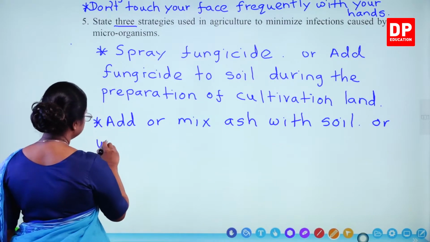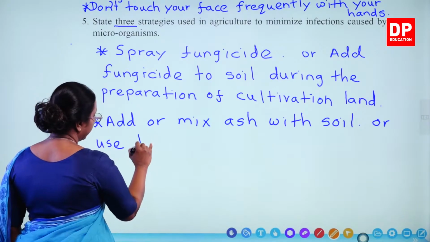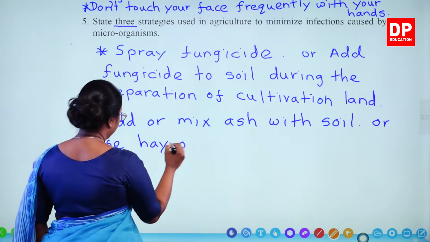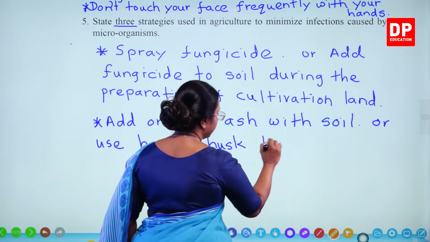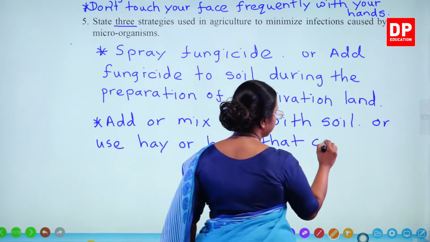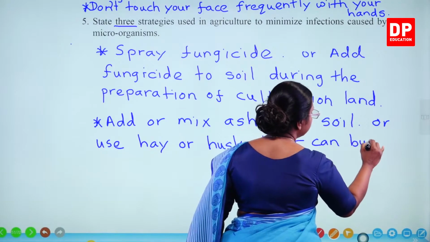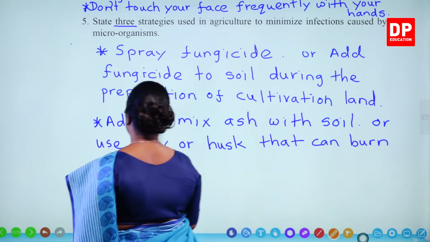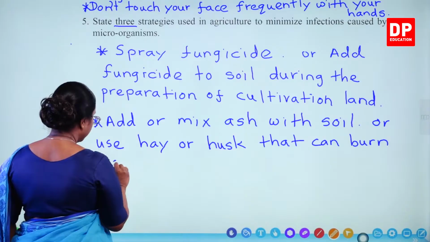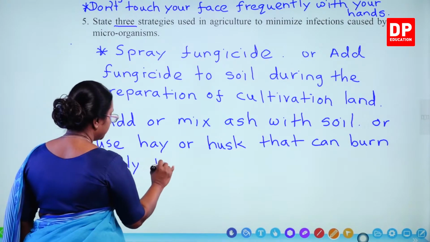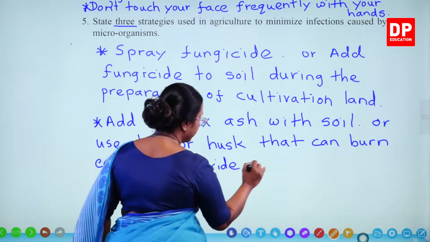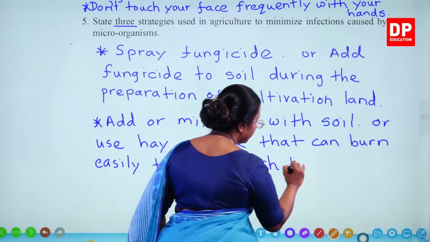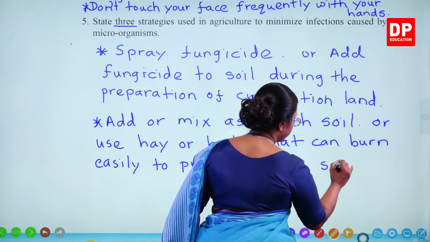Use hay or husk that can burn easily to provide ash to soil.